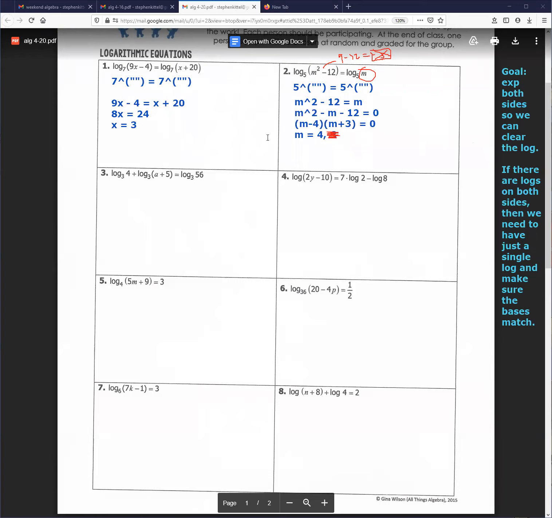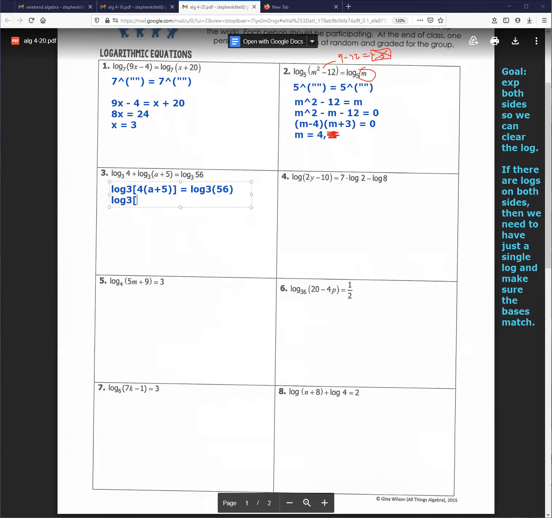All right, number 3. We don't have a single log. We have 2 logs. And so to combine them, we're going to need to use our log properties. Now remember that when you have addition on the outside, that's like saying do multiplication on the inside. So this becomes log 3 of 4 times a plus 5 is equal to log 3 of 56.